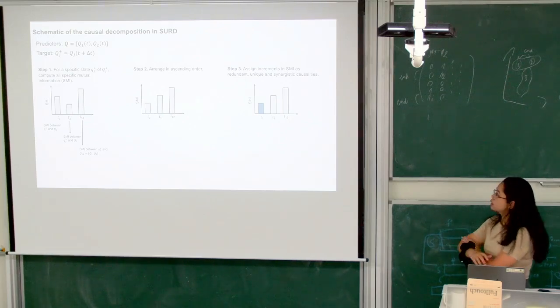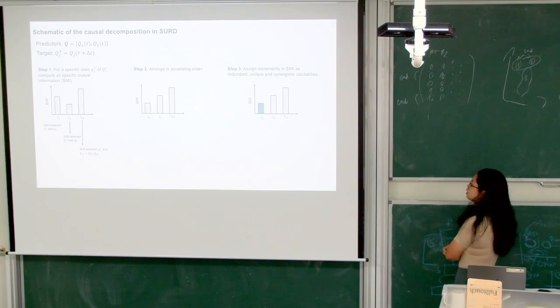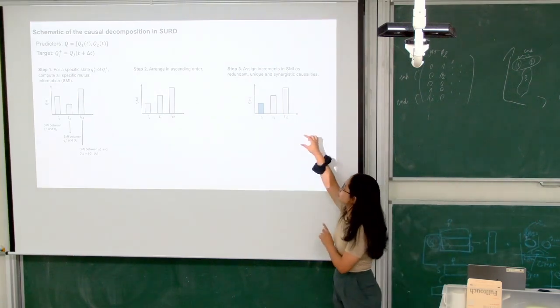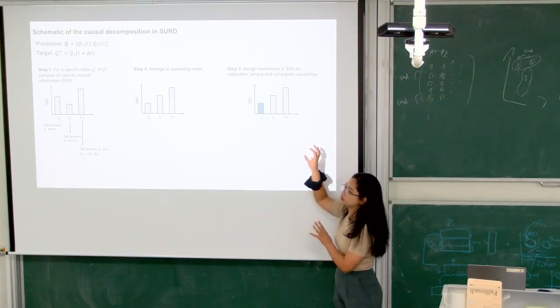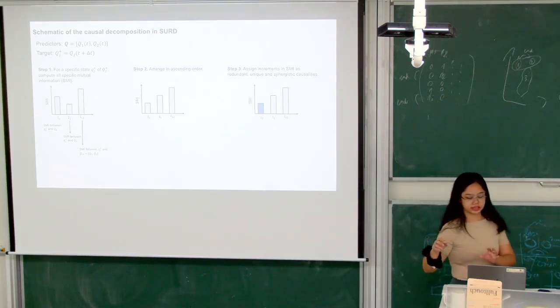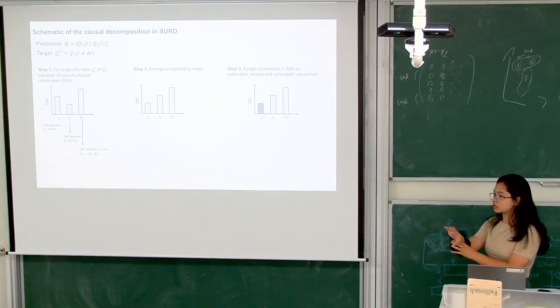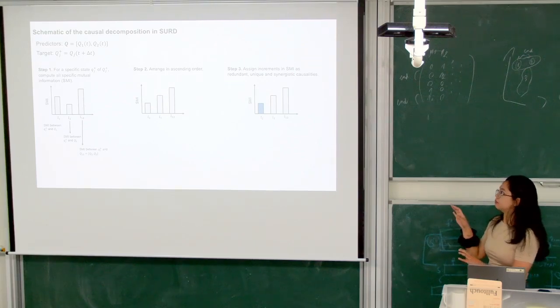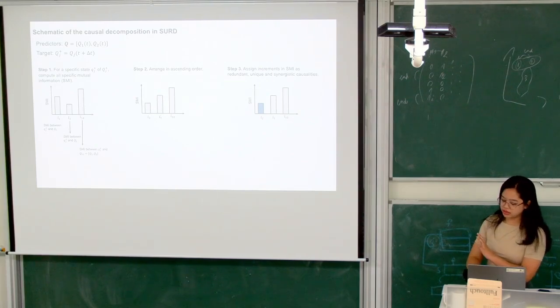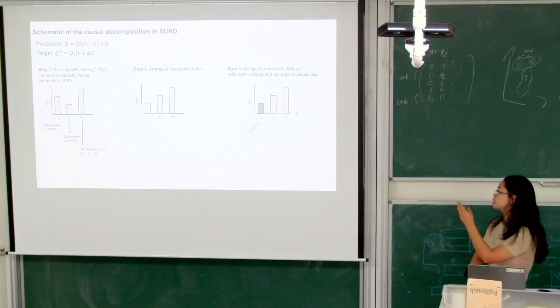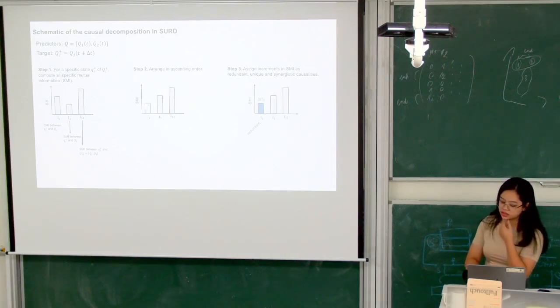So the first one, the smallest amount of specific mutual information, they interpreted it as the smallest amount that can be shared by all the predictor variables. So, in other words, it is the redundant effect from all the predictors.